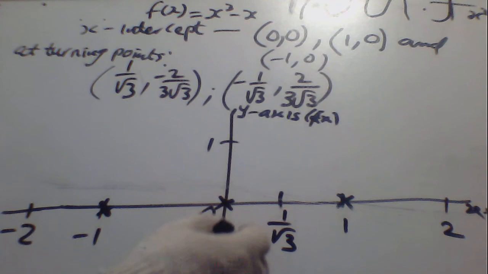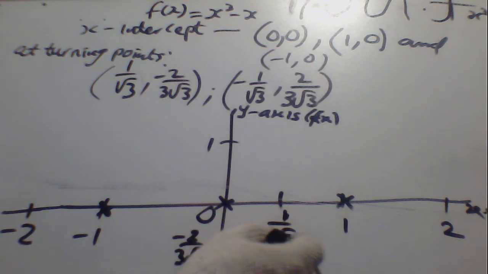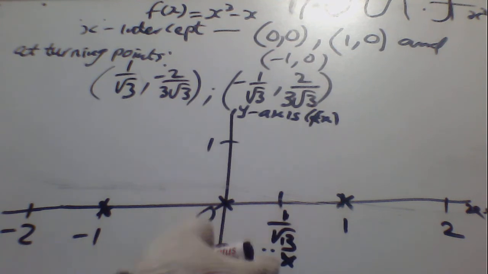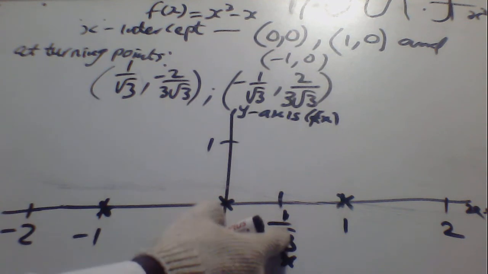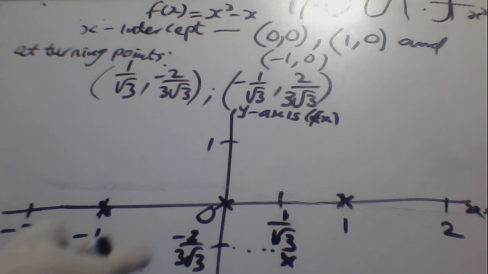So this is the second. We assume here they meet when x is 1/√3, y is -2/3√3. They meet here.